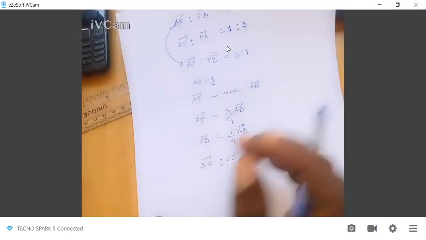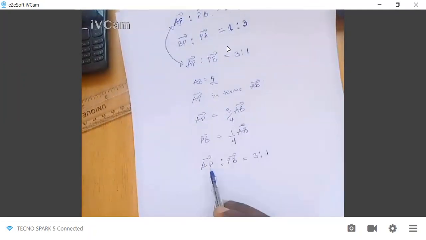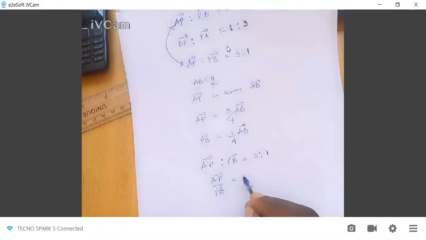So you can divide this and say, because ratio means division, you can have AP over PB, which is equal to 3 over 1. So that is also another point to note.